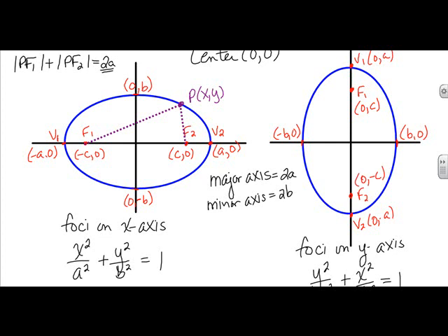Now the relationship between the values of a and b that you can get out of the equation and the value c is always the same in every ellipse. Well, let me write it this way. I think this is going to end up being more useful to you. b squared is equal to a squared minus c squared.